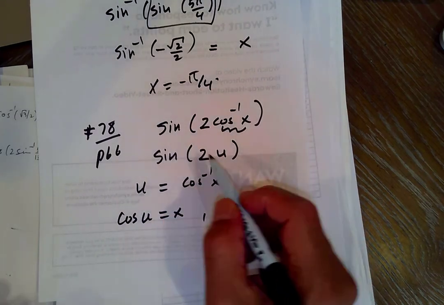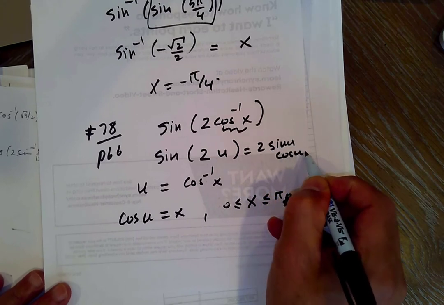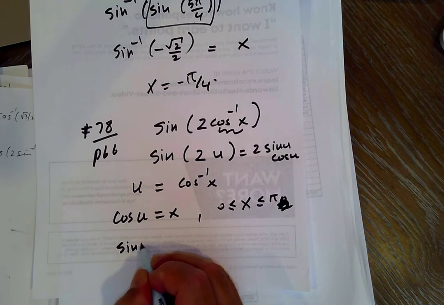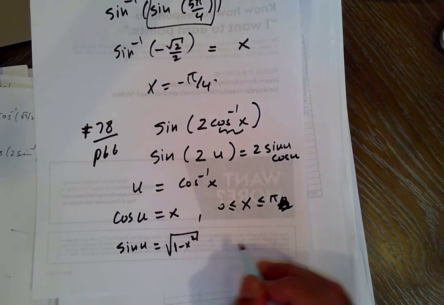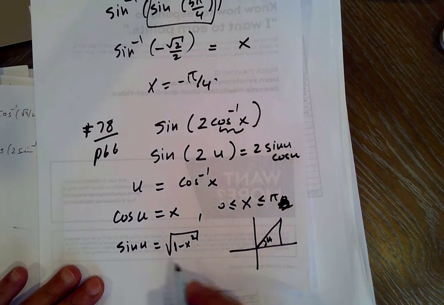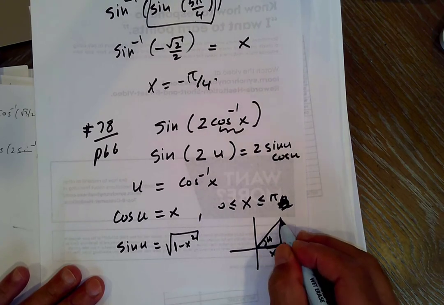So if we want to do sine of 2u, it's 2 sine u cosine u, the double angle formula. We have cosine u, then sine u would be the square root of 1 minus x squared, because if this is u and cosine u is x, cosine is this, so sine must be that.